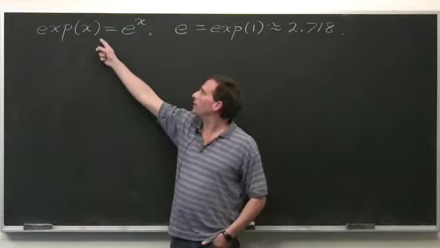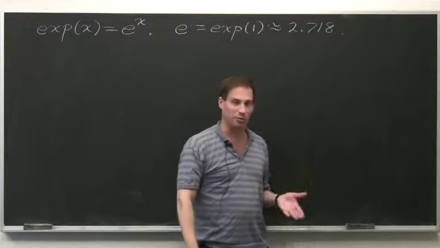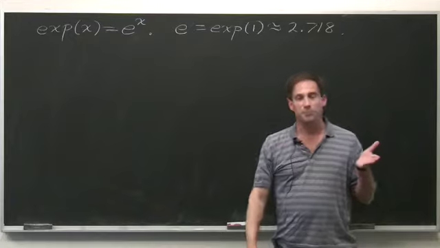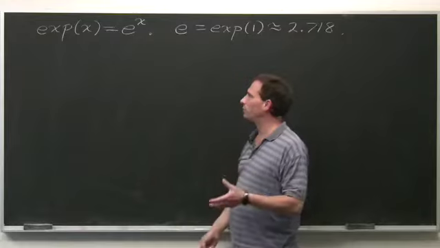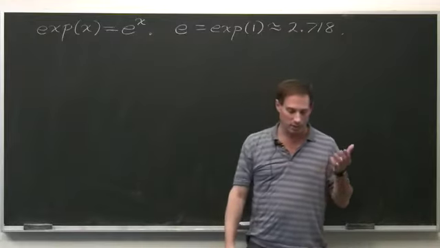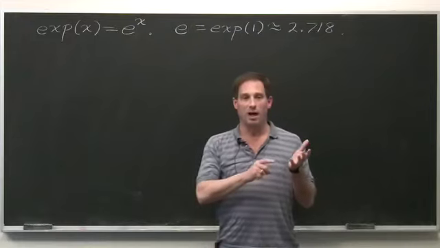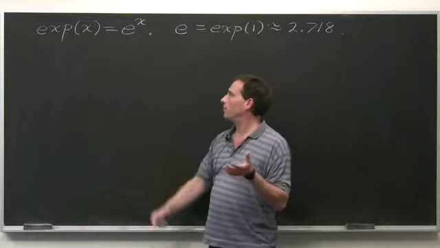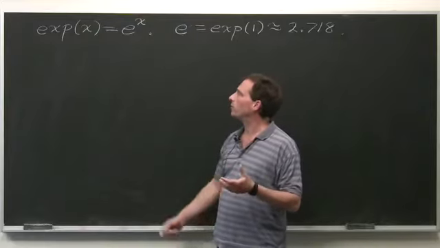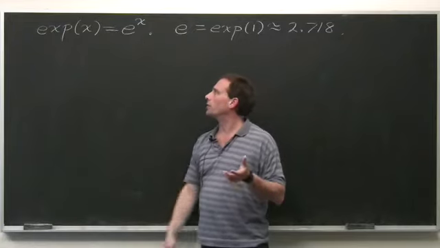The fact that exp of x is e to the x, well, we can actually prove that when x is rational. And then if you already are familiar with raising positive bases to arbitrary real powers, then believe that that's a continuous operation, then that proves that these two are equal.